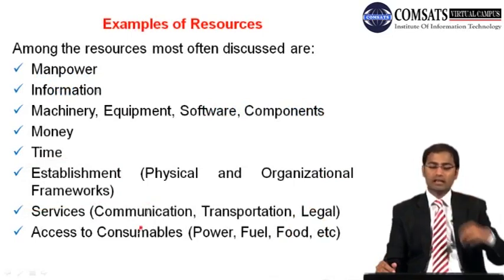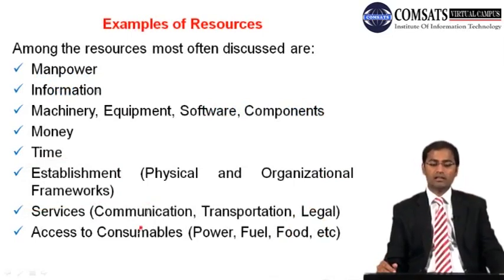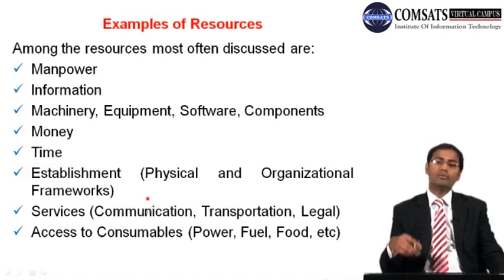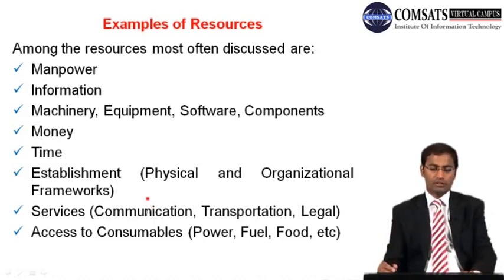Now sources of risk: examples of resources. Among the resources most often discussed are manpower, information resources, machinery resources, equipment resources, software resources, components resources, money resources, time resources, establishment, physical and organizational framework, services, communication, transportation, legal, access to consumables, power, fuel, food, etc. So these are a few examples of resources.